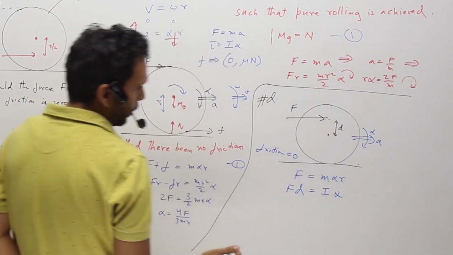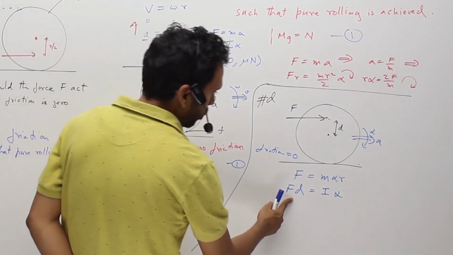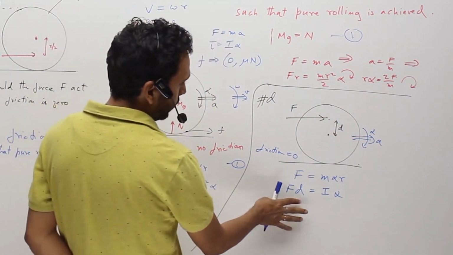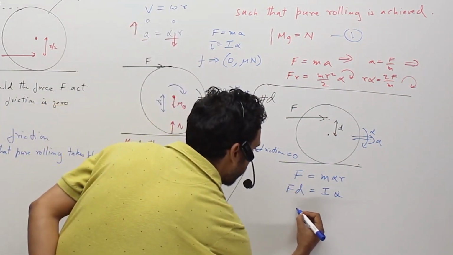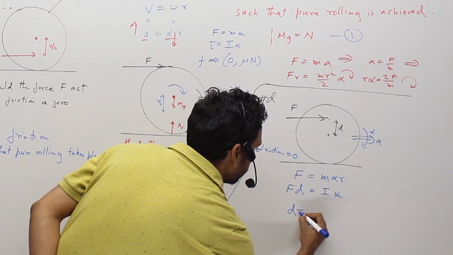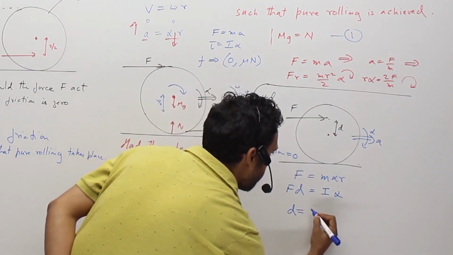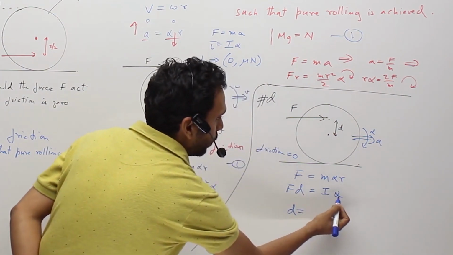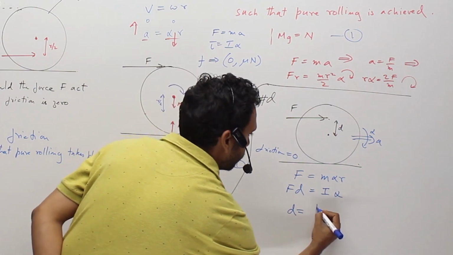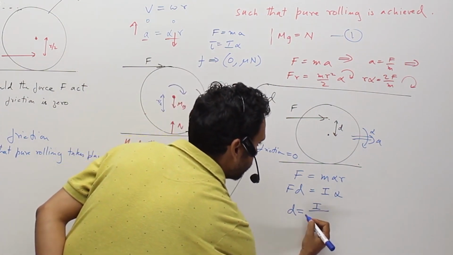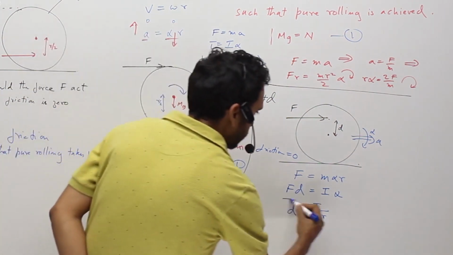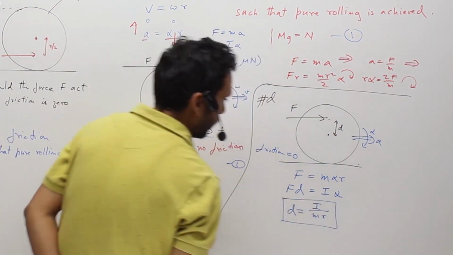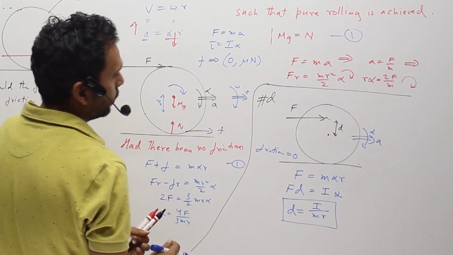So what we have to find is D. What we can do is divide the two equations, and what we get is D is equal to, alpha and alpha will cancel, so we'll have I divided by MR. So that's where the application of force should be.